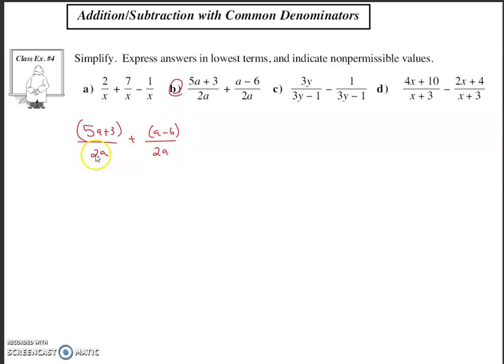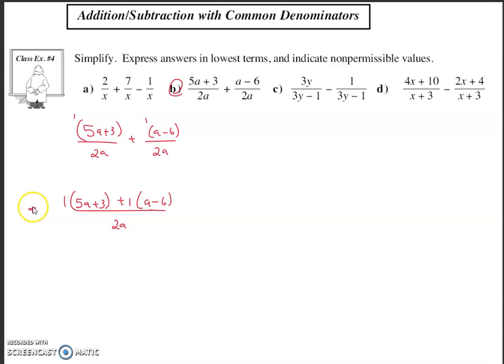So this already has a common denominator, which is a 2a. I don't really need to multiply anything with. You could just say I'm multiplying each of them with a 1 because they already are what they are. So 1 times 5a plus 3. The only benefit of writing it like this extra step is in case if there's a negative here, then it reminds us to distribute it.